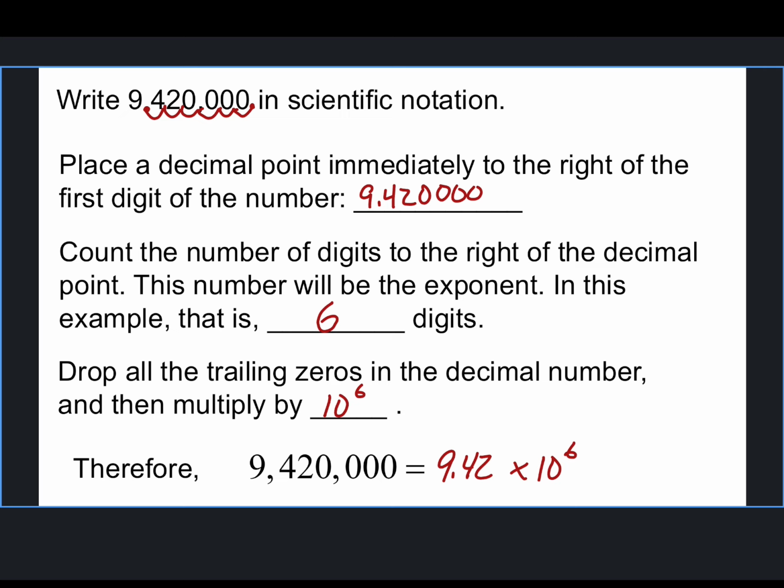In that case, though, you need to know which direction you're moving so you know your power on 10. Because in this case, was it a big number or a small number? It's a big number. So we're multiplying by a positive power of 10.